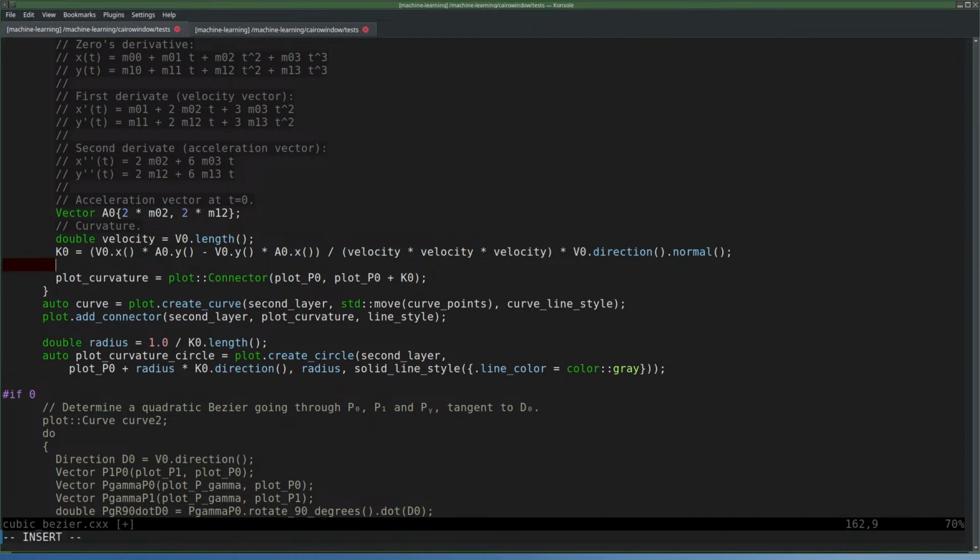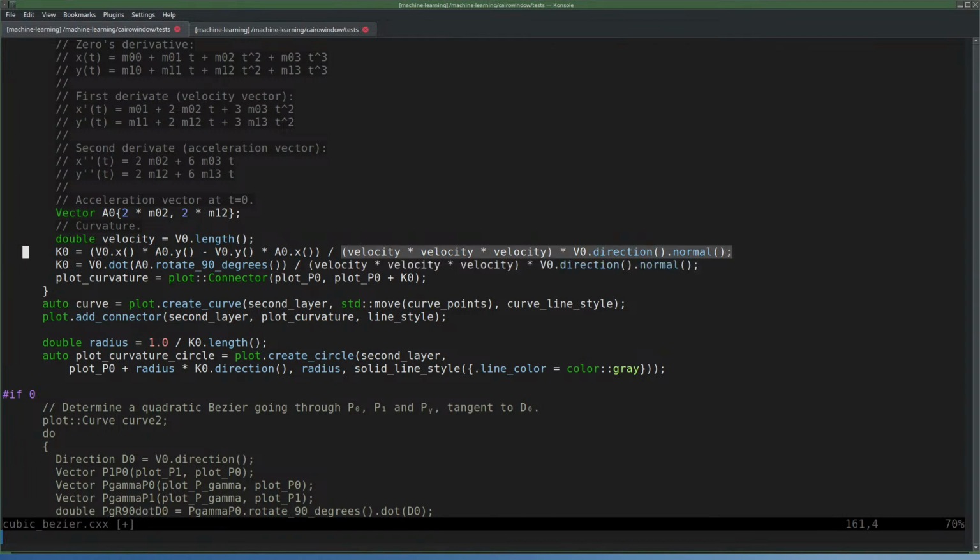So I'm pretty sure that K0 is V0 dot A0 dot rotate 90 degrees. Then the rest the same.